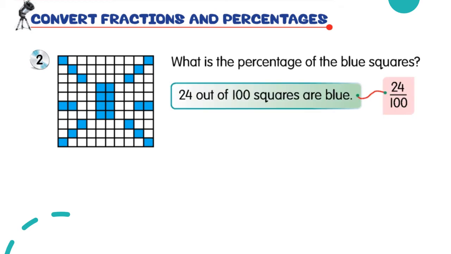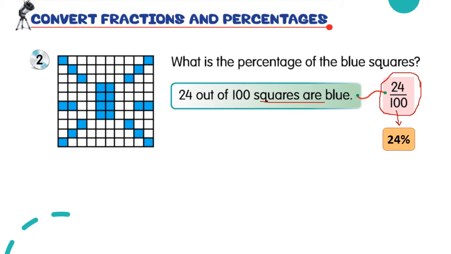After we count, we found out that 24 out of 100 squares are blue. So because it is already over 100, we can simply write it as 24%.